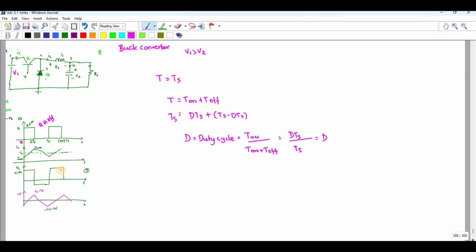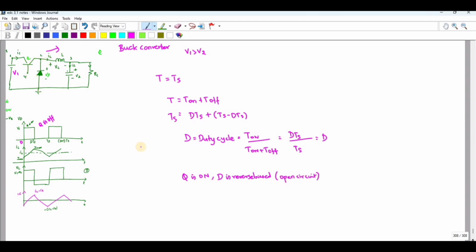Consider when the switch is on. When Q is on, the diode is reverse biased, so it is open circuited. Therefore the current will flow in this direction.